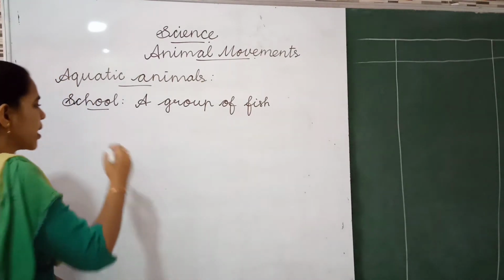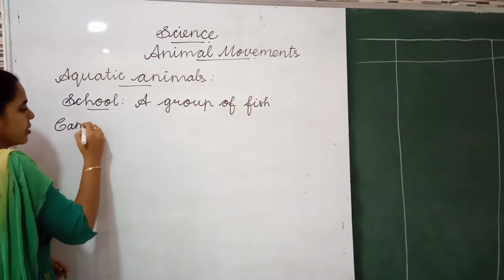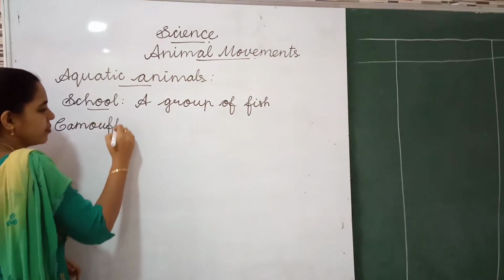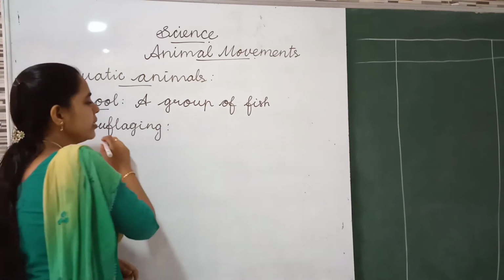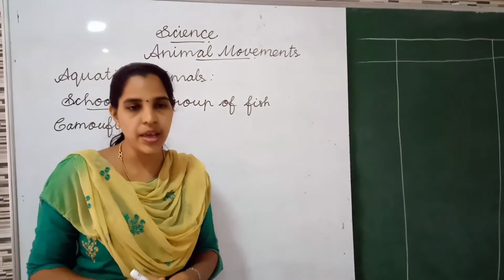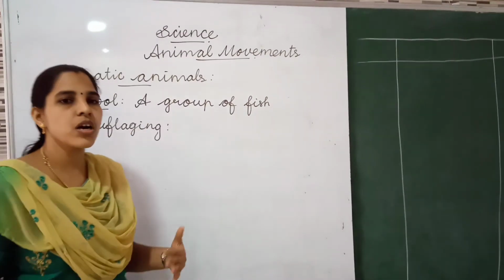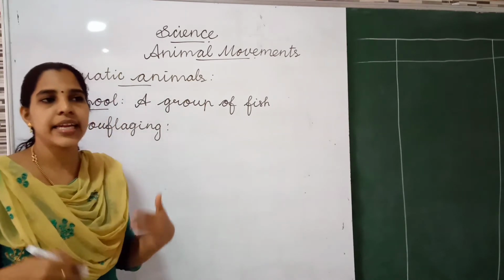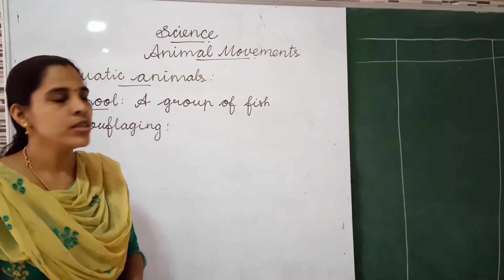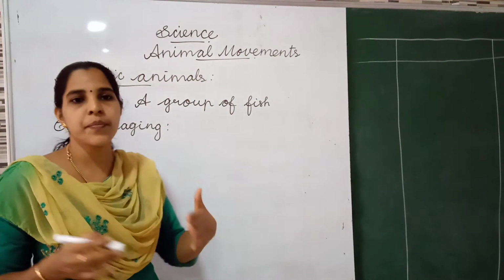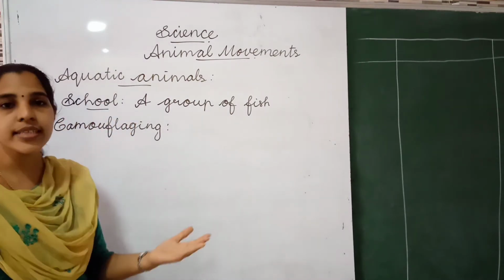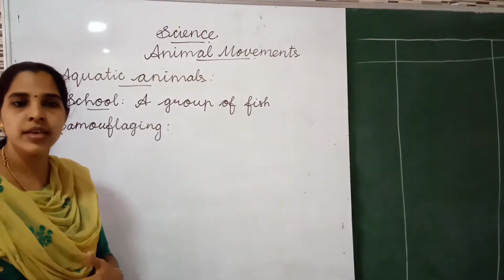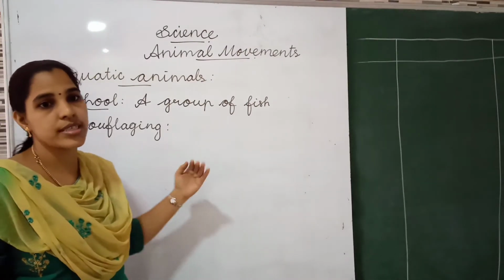Next one is camouflaging. Do you know, children? Camouflaging means the fishes are different colors and different sizes. Sometimes when they are swimming in the water, enemies or other big fishes will come and catch the fishes. They will be eaten.